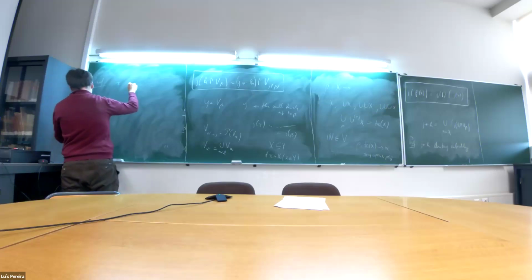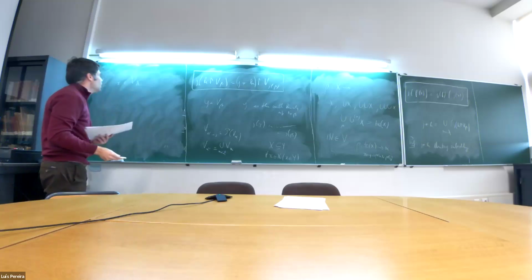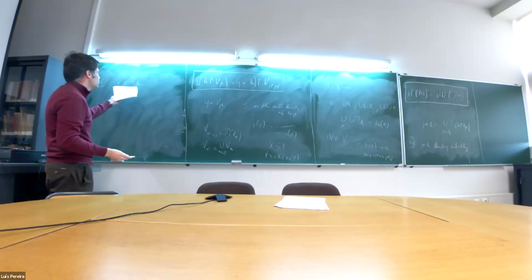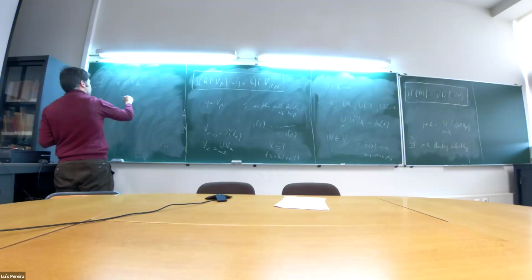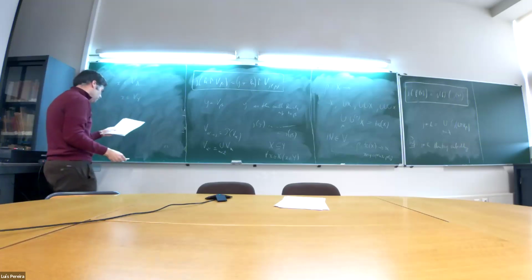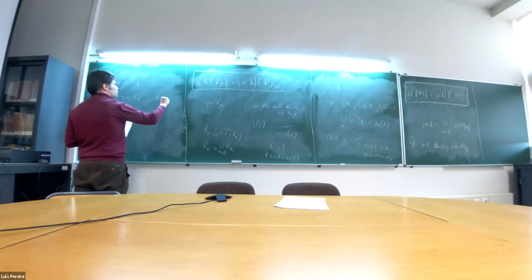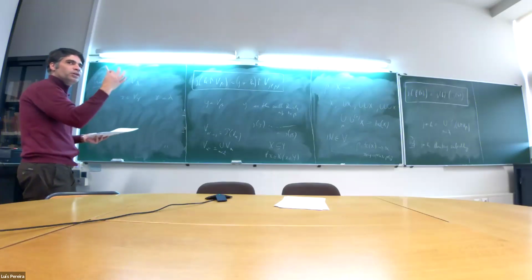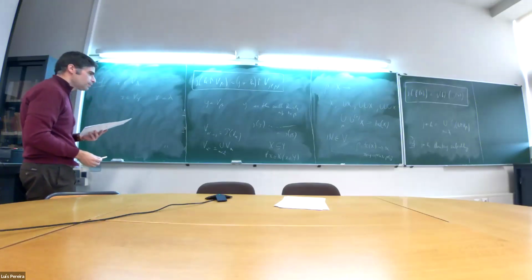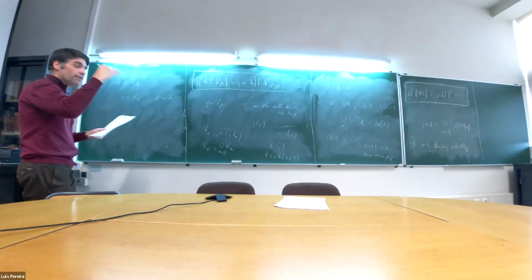Suppose you have x in V lambda. Since this is a limit cardinal, x is in some V gamma with gamma smaller than lambda, because V lambda is by definition the union of the levels that are below.